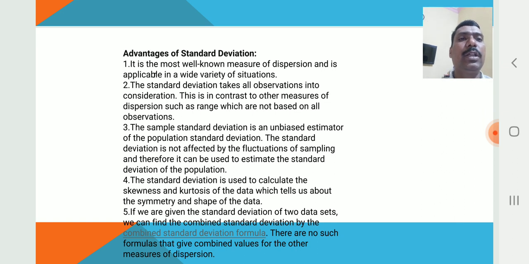The standard deviation is not affected by the fluctuation of sampling, and therefore it can be used to estimate the standard deviation of the population. The standard deviation is used to calculate the skewness and the quartiles of the data, which tell us about the symmetry and the shape of the data.